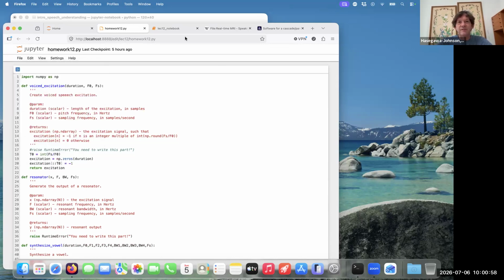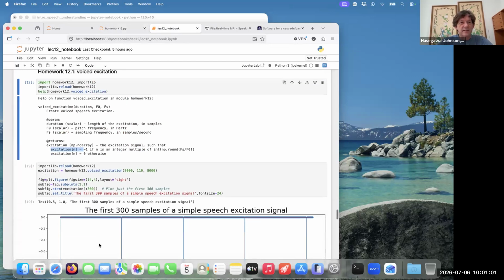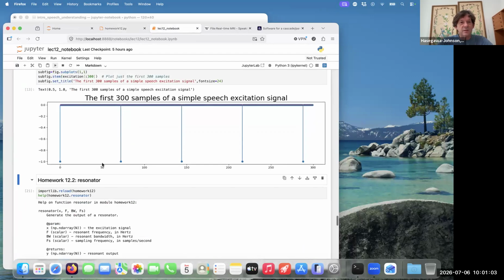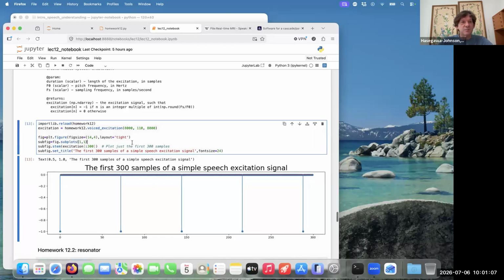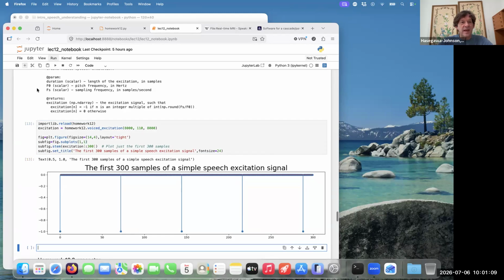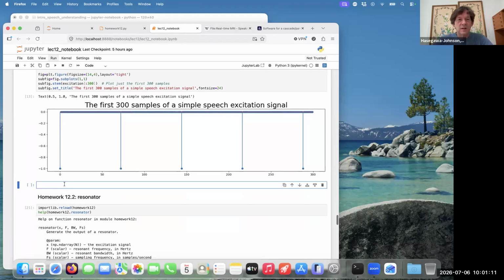Let me save that Python file. And then let's run that and see if we get the waveform that looks right. There we go. It looks like the first 300 samples of a simple speech excitation signal. Let me add something here to IPython display audio, data equals excitation.